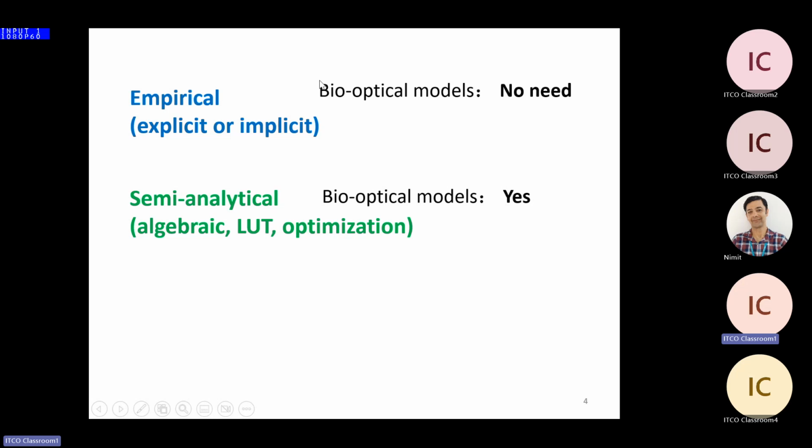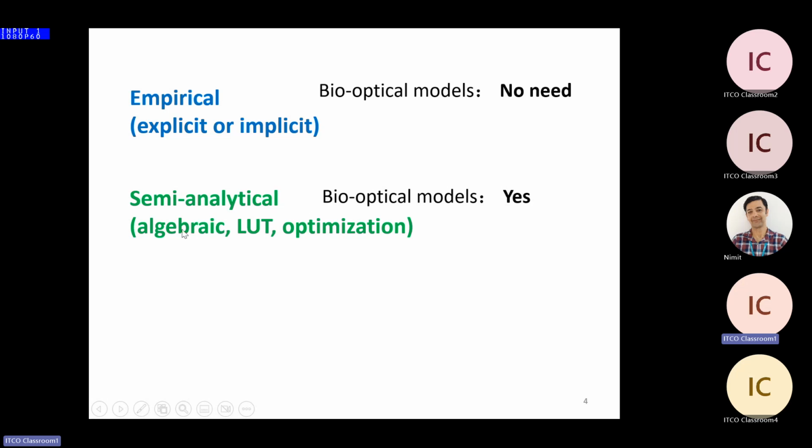So for that part, I'm not sure we need any training school like this, because this training is really trying to get to an understanding of ocean optics and ocean color remote sensing. So that's data-driven empirical. I will touch a little bit on that, but I will not spend the time on this. But I will spend time on the semi-analytical.